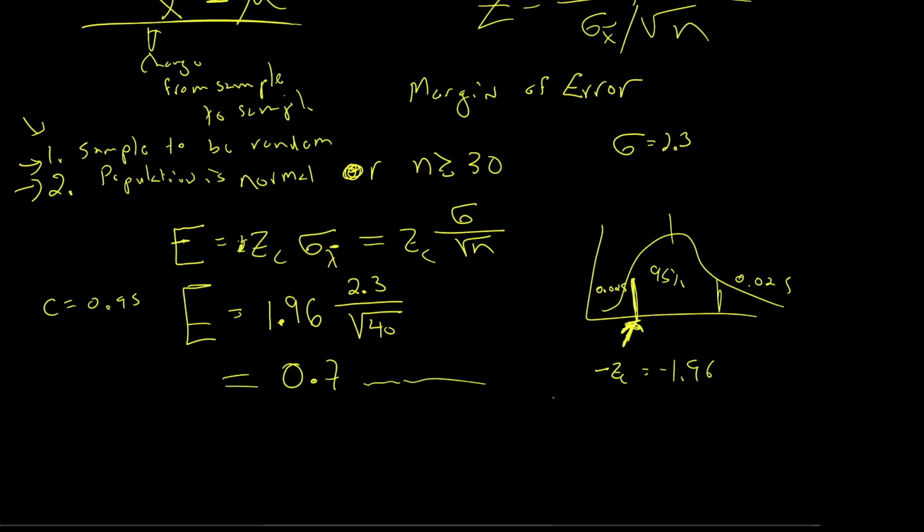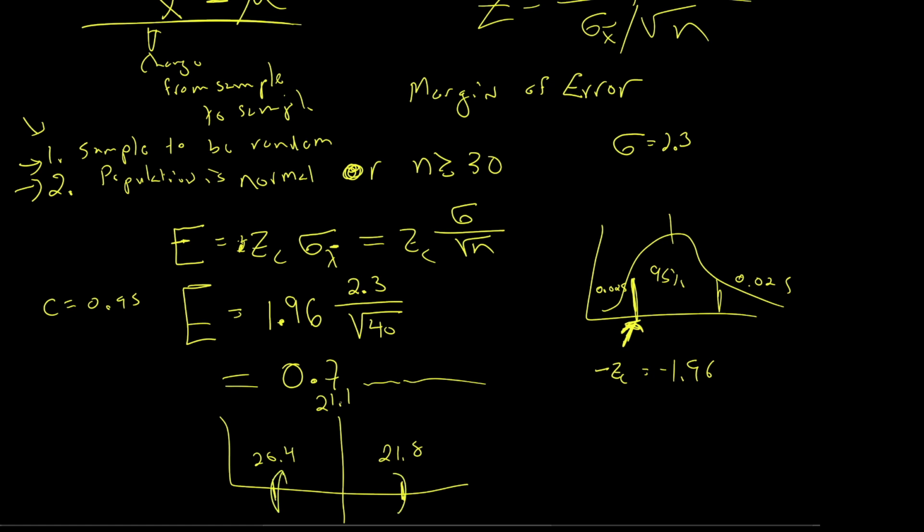And so we're 95% confident that at that 21.1, at 0.7 hours on either side, or 21.8 and 0.7 off, 20.4, I now have created an interval.